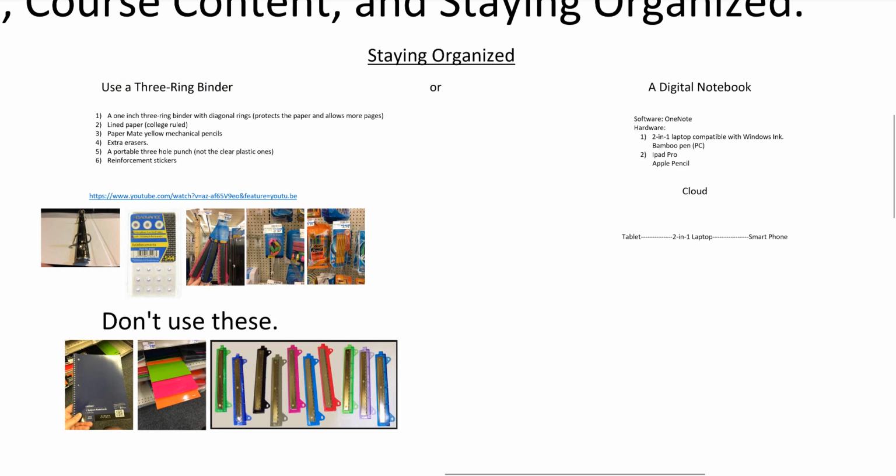So that's one difference. A digital notebook is more fun to use, and it's easier to organize your work, whereas with a 3-ring binder, you have to take pages in and out physically and whatnot.